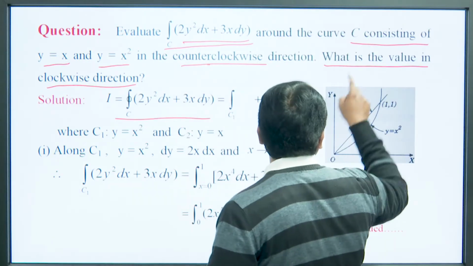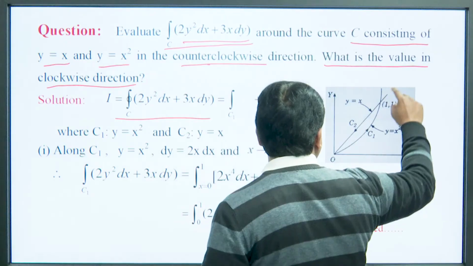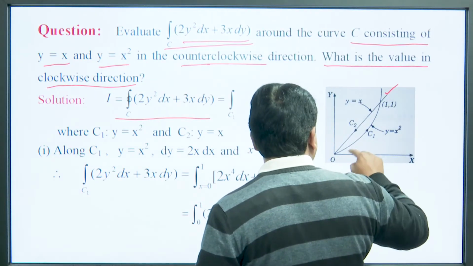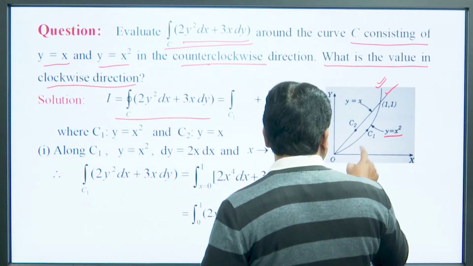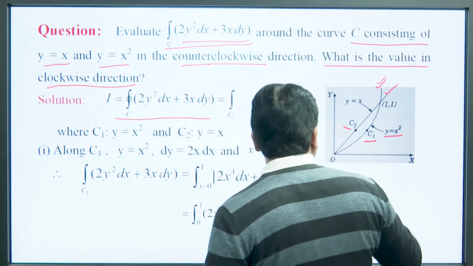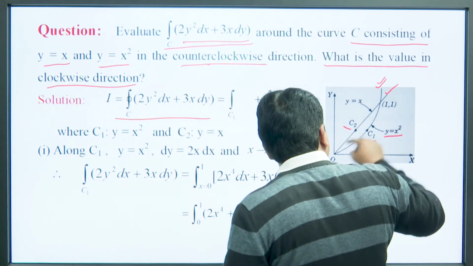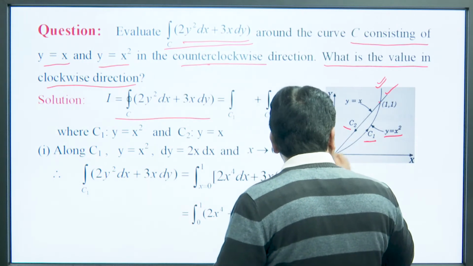Here you can see this is the line y equals x, and this is the curve y equals x squared. This is the curve C1 and this is the curve C2. We have to find the integral along the closed curve from O to this point along C1 and from here to here along C2.